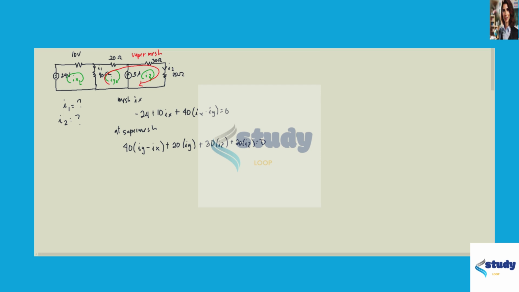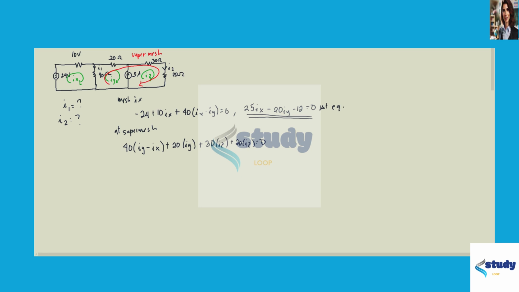Now, we can simplify these equations, the first equation being 25 Ix minus 20 Iy minus 12 is equal to 0. That is our first equation.